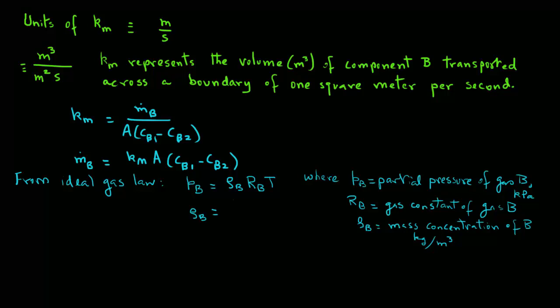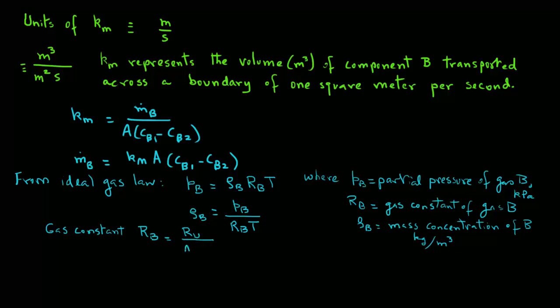We can rearrange the terms as rho b equals Pb divided by Rb times T. Now note that the gas constant Rb can be written in terms of the universal gas constant as Ru divided by Mb.